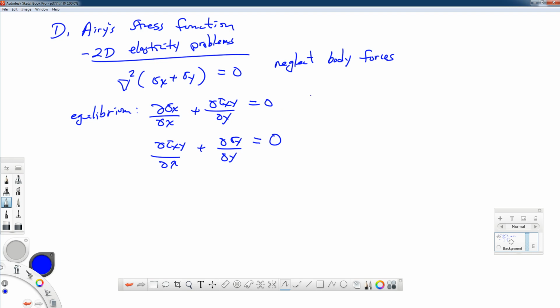At least we can write the partial of sigma x with respect to x is equal to minus the partial derivative of tau xy with respect to y. And on this one, the partial of sigma y with respect to y is equal to minus the partial derivative of tau xy with respect to x. I'm going to call this equation 1, and I'm going to call this equation 2.